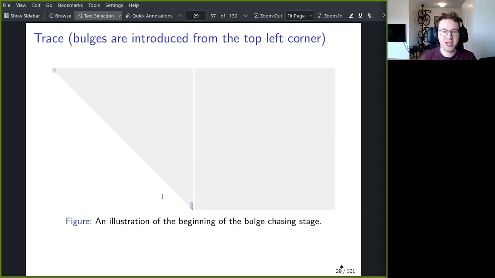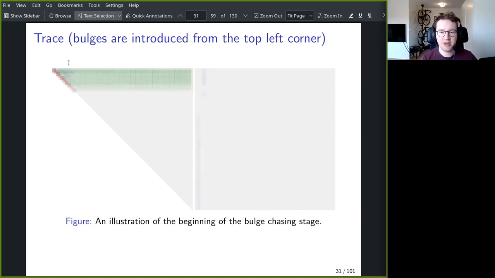The next thing that happens is that you can see the first bulge window appearing in the upper left corner of the matrix. And we are still executing some tasks related to the AED step, because those tasks do not feed back and are not in any way related to the computation of the shifts required to generate the bulges. So there is some overlap that can happen between the AED step and the bulge chasing step.